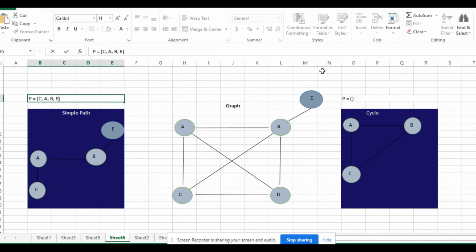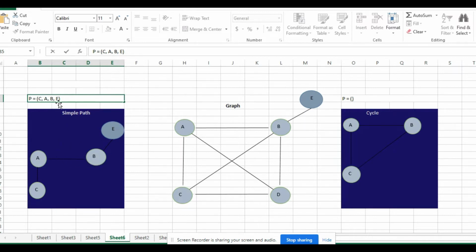Another thing you need to remember is, for something to be called a path, the consecutive vertices in the sequence must be adjacent to one another. So in this sequence, the vertices are CABE. So the consecutive vertices, say for example CA, must be adjacent. There's an edge between CA, so CA is adjacent. Then AB must be adjacent. There's an edge between AB, so AB is also adjacent.